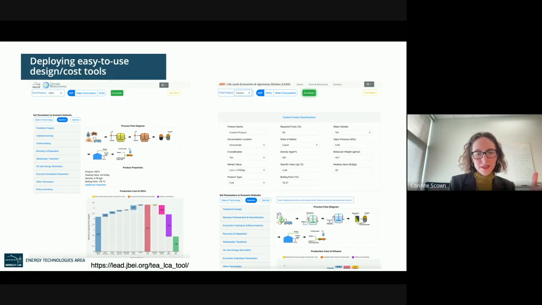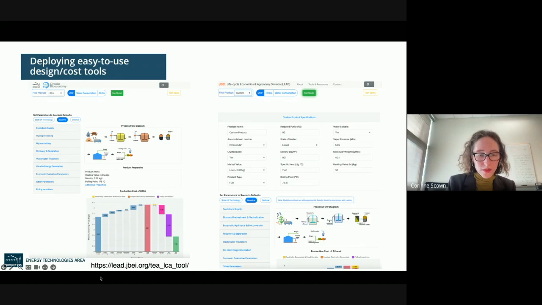We have these web tools where you can mess around with the actual engineering parameters and see how the costs change. And we also allow people to put in policy incentives, because especially for technologies that are relevant for decarbonization, often the economics don't make sense without the policy incentives yet. And the policy incentives are pretty generous. And so you really do want to be able to incorporate those into your analysis.